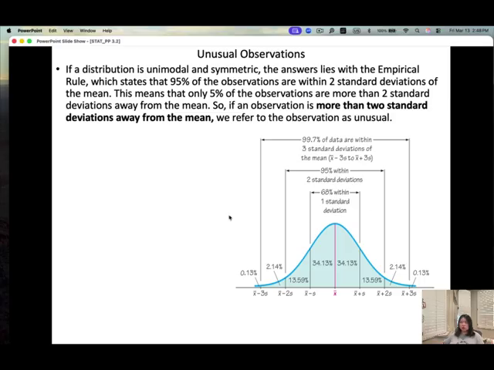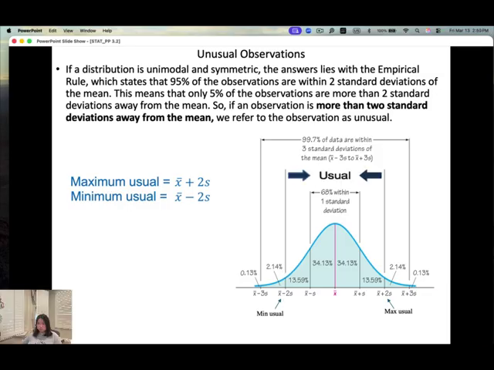A value is considered unusual if it is more than 2 standard deviations away from the mean. The maximum usual will be the mean plus 2 standard deviations, somewhere like here, and the minimum usual will be the mean minus 2 standard deviations, somewhere like here.